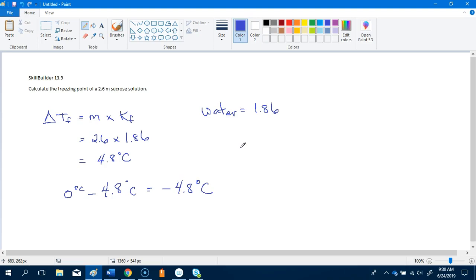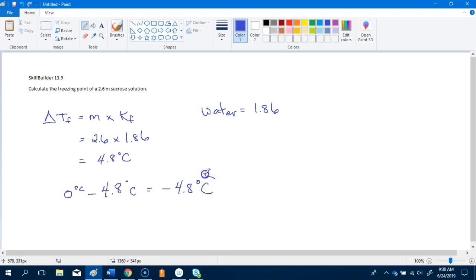So now it means that in order to freeze, our temperature will need to be at negative 4.8 degrees Celsius or less than that. So if you did add sugar to your driveway, it would lower the freezing point of the water on your driveway to negative 4.8, thus melting the ice if the temperature was higher than negative 4.8.